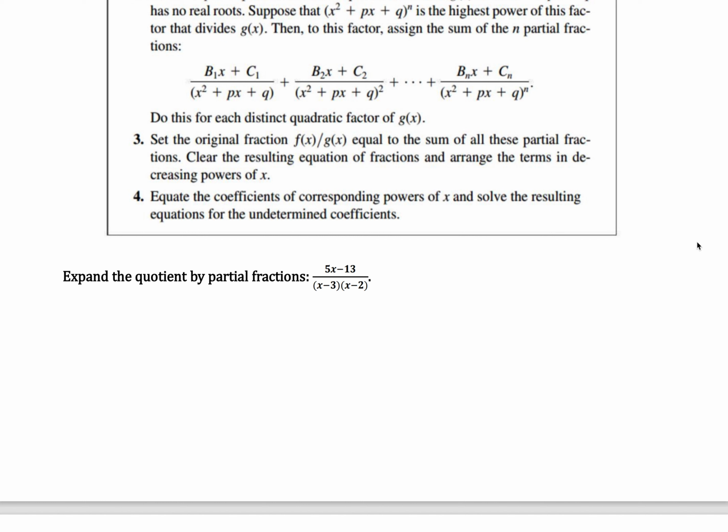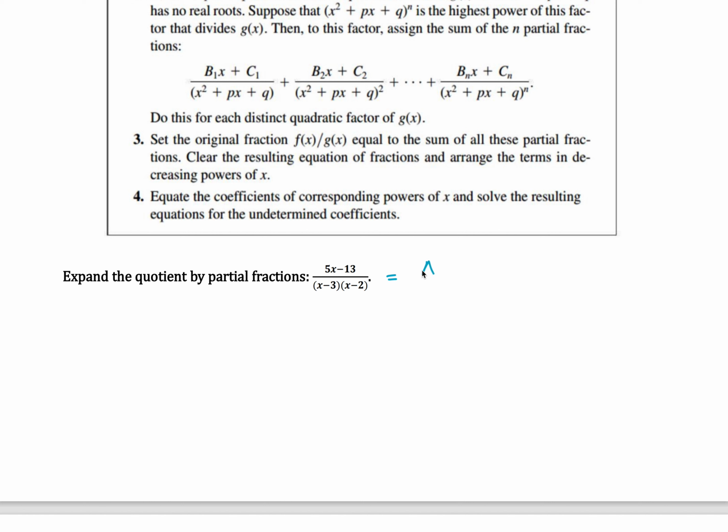So the denominator is already factored for us, and it is factored as two linear factors. So what you want to do then is set up two extra fractions. The first fraction will have x minus 3 as its denominator, and then the second fraction will have x minus 2 as its denominator.